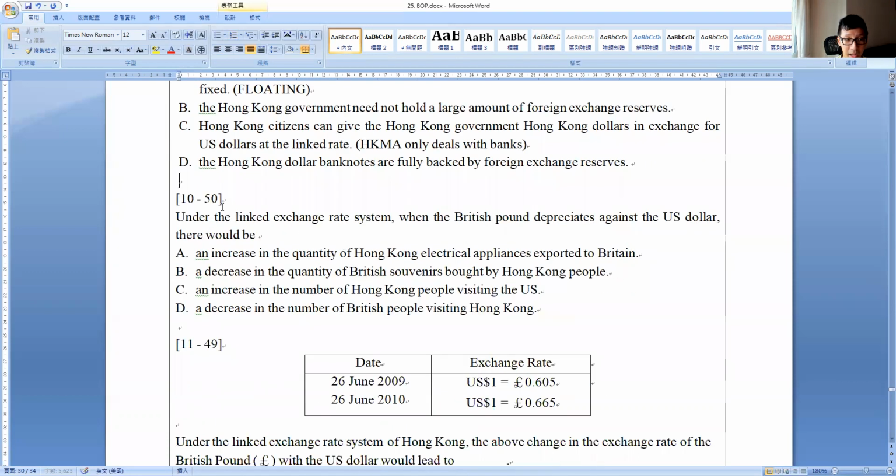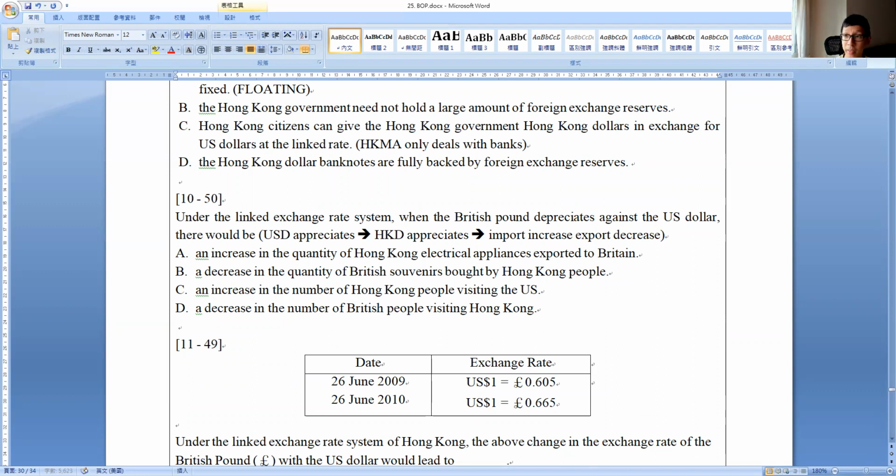Next one. Under the linked exchange rate system, when the British pound depreciates against the US dollar, which means USD appreciates, meaning the Hong Kong dollar would also appreciate against the British pound. So when we appreciate, our import increases, export decreases.